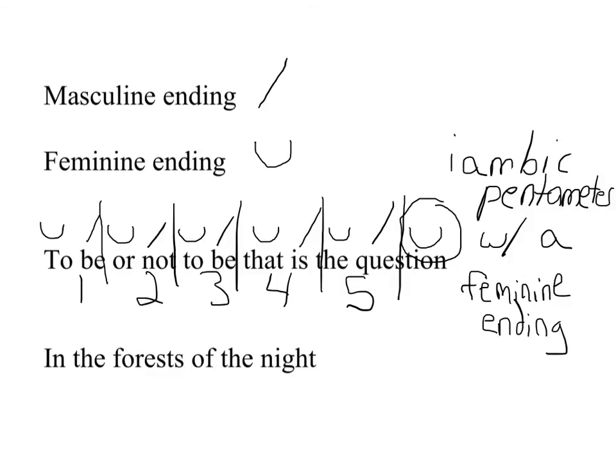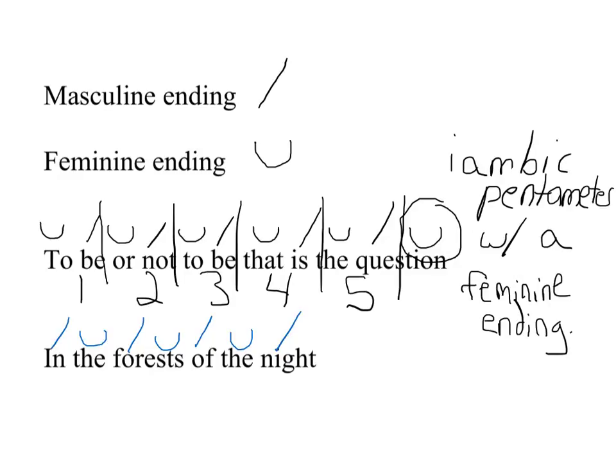Next one. So in this example, our only strong word really is the word night. The, we know, is weak. Forests, we'd emphasize the for part.